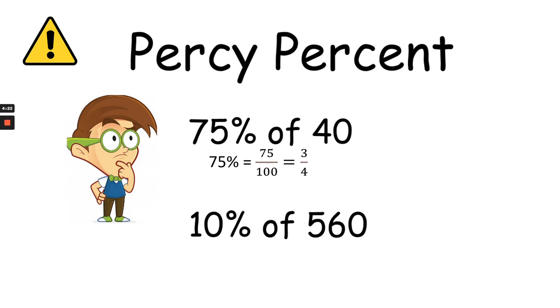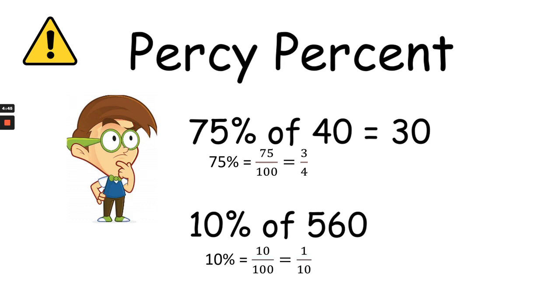Percy knows that 75% is 75 out of 100, which simplifies down to 3/4. Percy knows he just needs to find 3/4 of 40. 3/4 of 40 is equal to 30. So let's move on to 10% of 560.